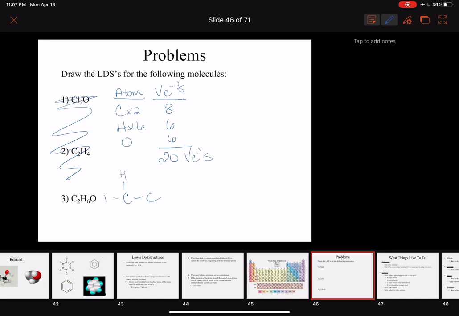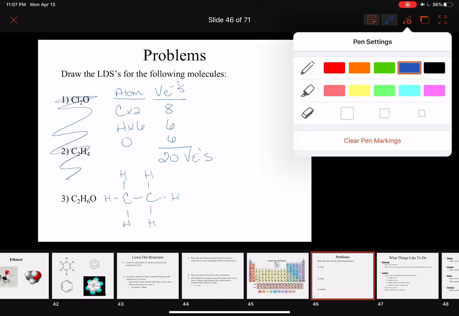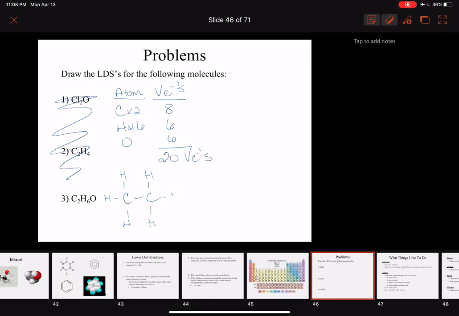So if we just went ahead and distributed all of our hydrogens around all the edges there, we'd go, we forgot to put oxygen somewhere. So we've got to put oxygen somewhere, and that's okay that we made a mistake because we're learning.